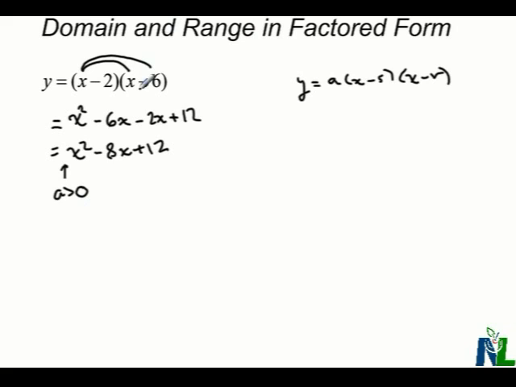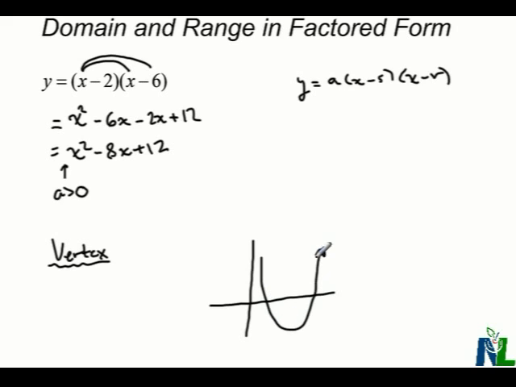Next, to find the coordinates of the vertex, it's important to remember that the quadratic function is symmetrical. If I know 2 intercepts, they're the same height, which means they're also the same distance away from the vertex.